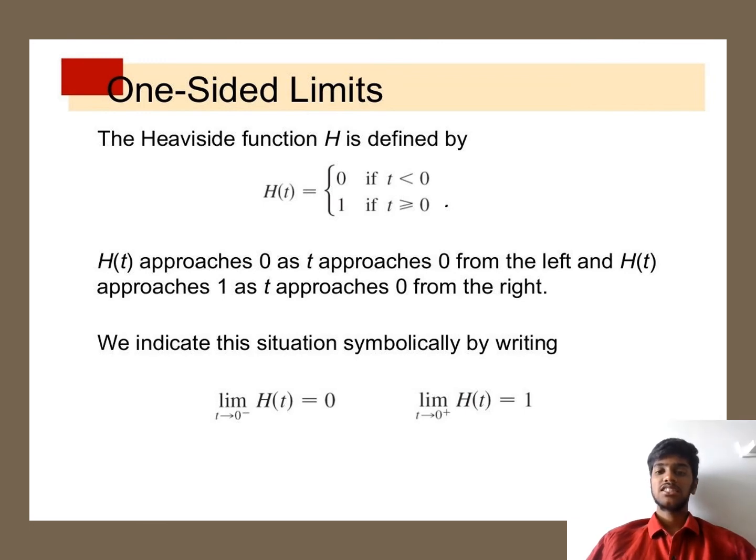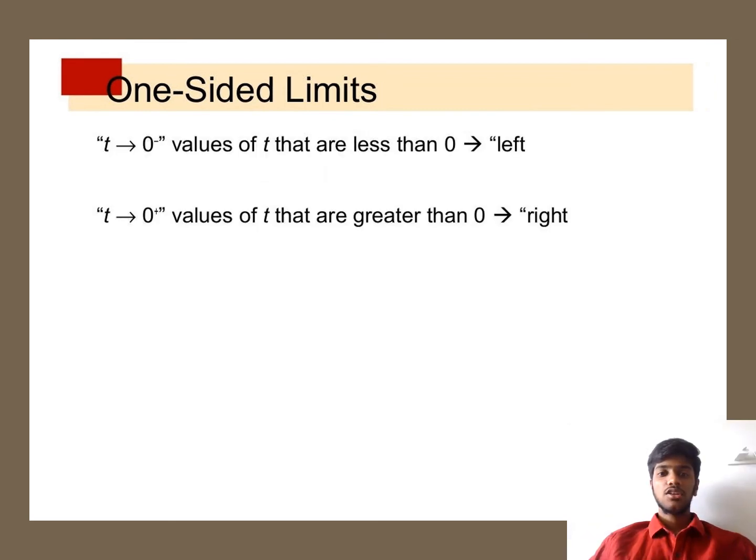We indicate this symbolically by writing the limit as t tends to 0 from the left of H of t equals 0, and the limit as t tends to 0 from the right of H of t equals 1. The notation t tends to 0 minus means values of t that are less than 0, the left, and t tends to 0 plus means values of t that are greater than 0, the right.